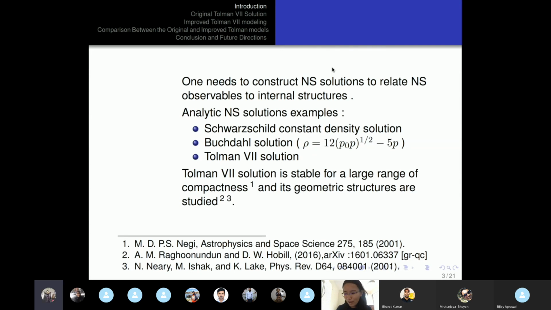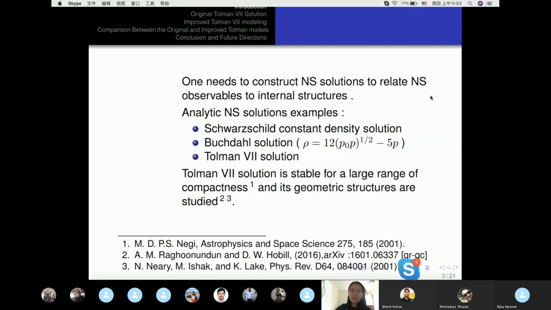And most importantly, the Tolman VII solution. The Tolman VII solution is actually extensively studied, and it is proven to be stable for a large range of compactness, and its geometric structures are studied. And you can see the relevant studies in the following references.